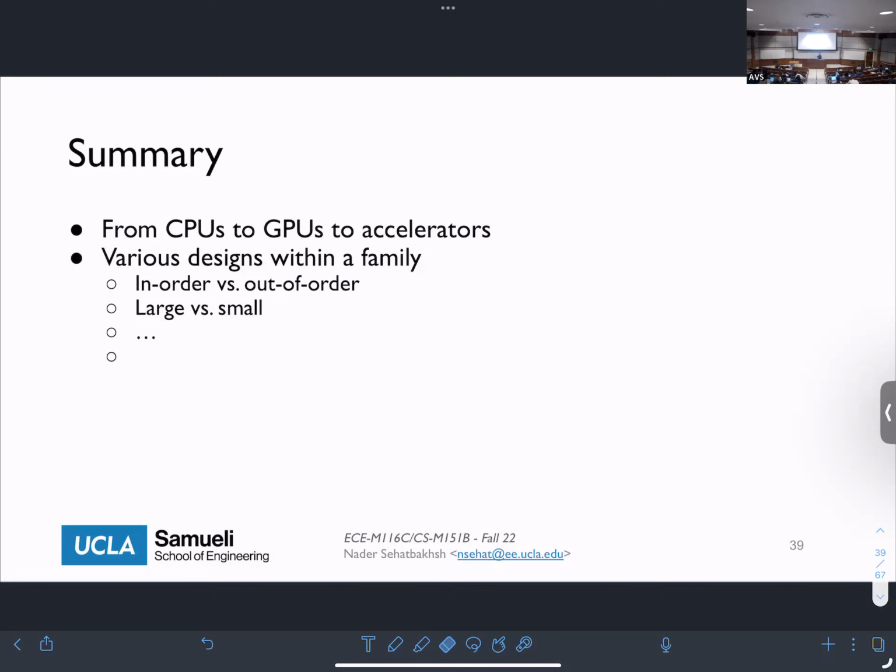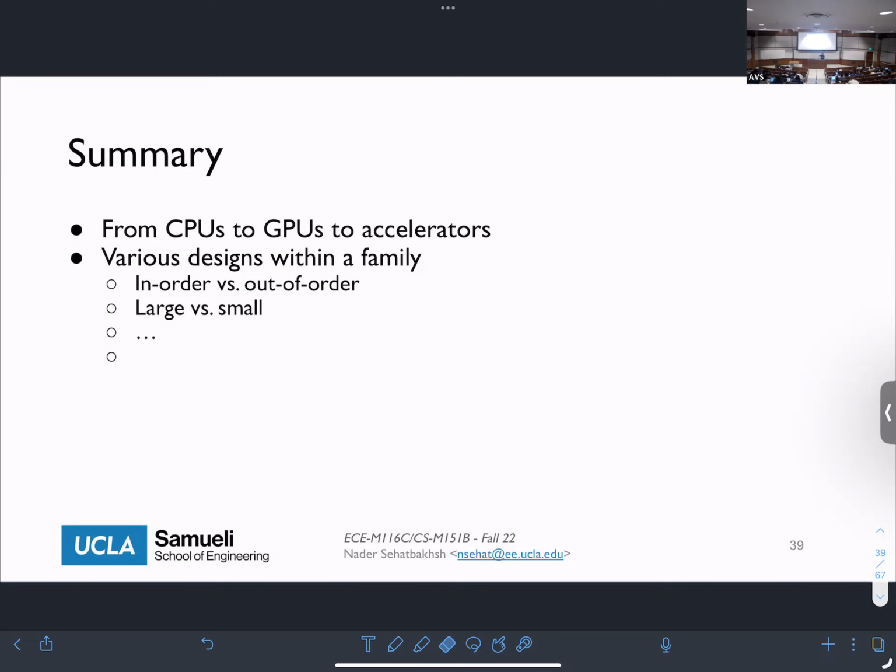And these days, accelerators, GPUs, and CPUs are all standard in most modern systems. So your laptop, like your new Mac, has a GPU, it has a neural network accelerator, it has an accelerator for cryptography. We usually call it a secure coprocessor or cryptography processor, and it has a bunch of different CPUs with different designs.